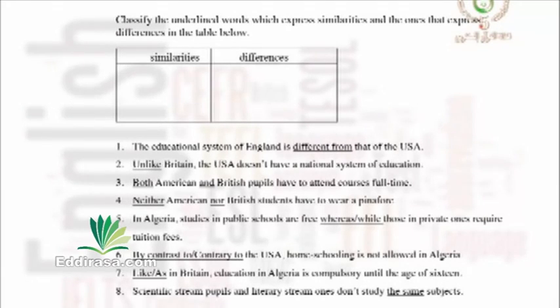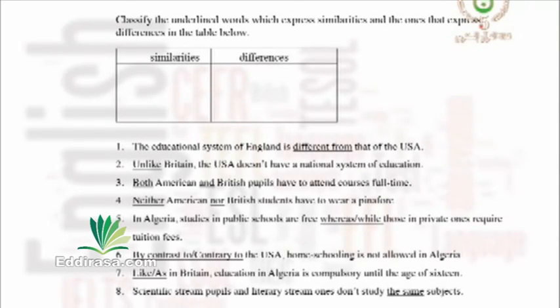The educational system of England is different from that of the USA. Sentence 2. Unlike Britain, the USA doesn't have a national system of education. Both American and British pupils have to attend courses full-time. Sentence 4.